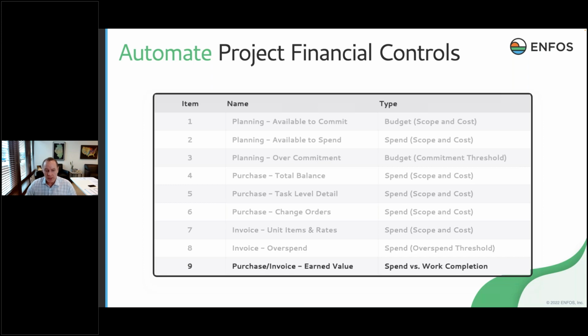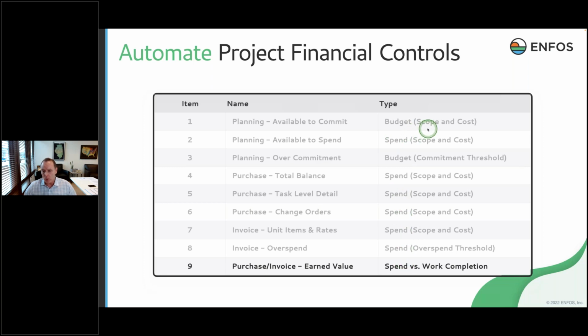So these are 9 automated project financial controls that can help you with your cost management and your cost control. These are configurations in the software. You determine if you're using the control or not, and then if you are using it, you determine to what level of detail, right? So basically, what I have here is budget and spend controls.